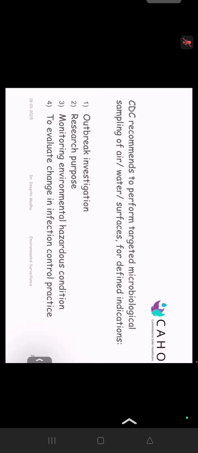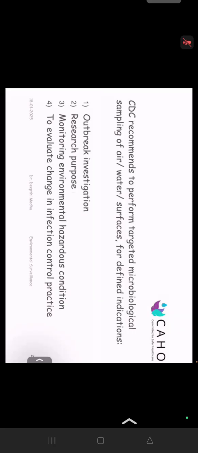In a healthcare facility, water is used for a lot of purposes, most of which are in the cleaning and disinfection process itself, and a lot of which are going to be used on the patient also. So it is very important that the water is of good quality and it should not contain any evidence of not being fit for use. So water surveillance needs to be done periodically.